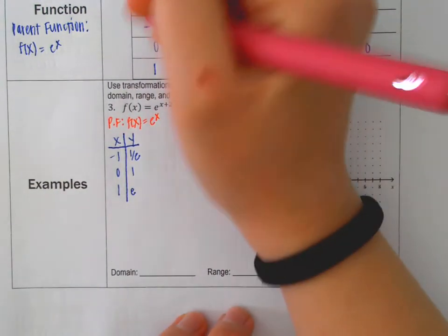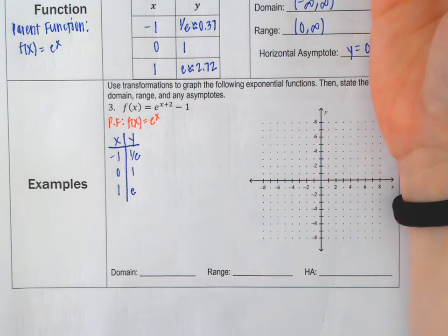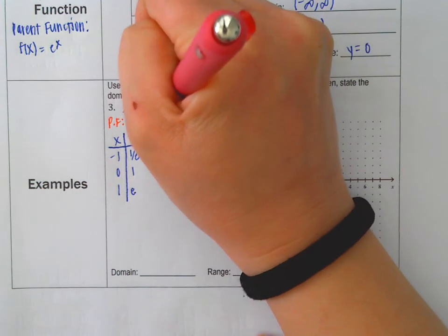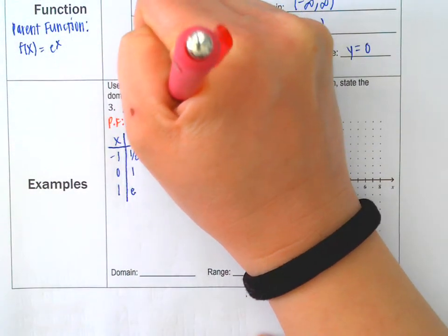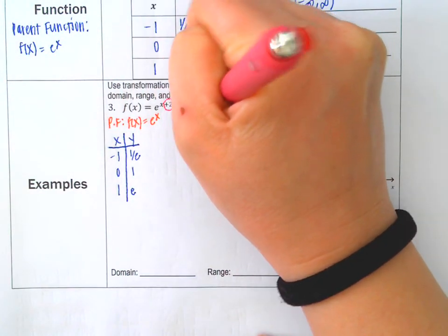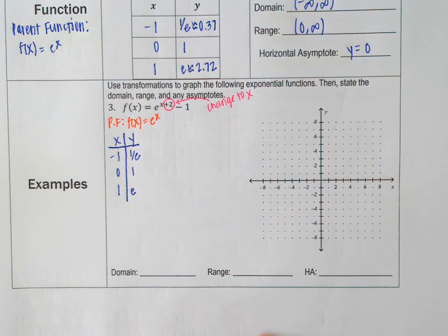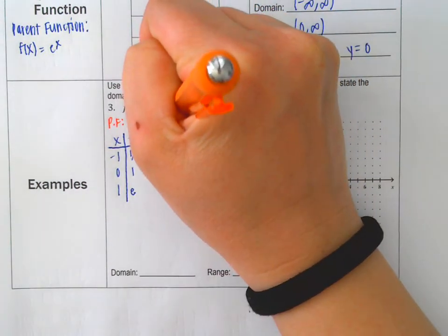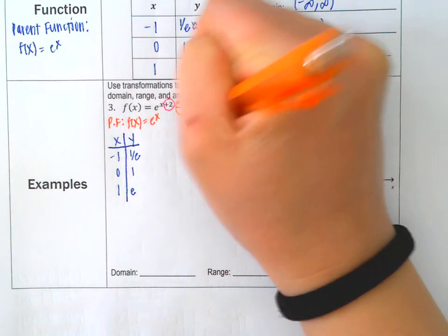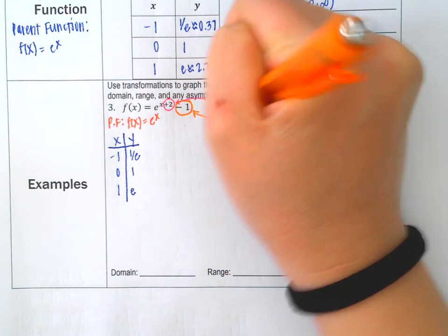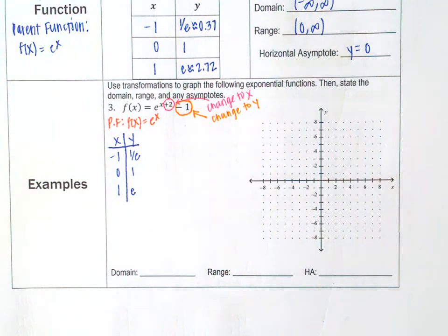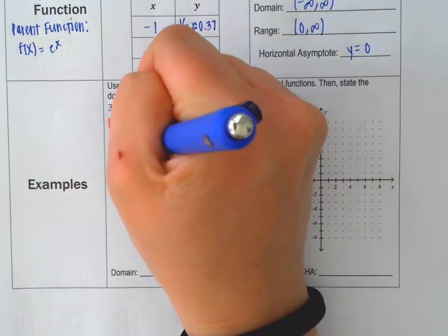Okay, so the +2, we're thinking, is that part of the function or is that outside of the function? It's within the function. So when it's within, it's going to be a change to the x values. And then that -1, is the -1 within the function or outside the function? It's outside. So that's going to be a change to the y. Okay, so let's apply those transformations.